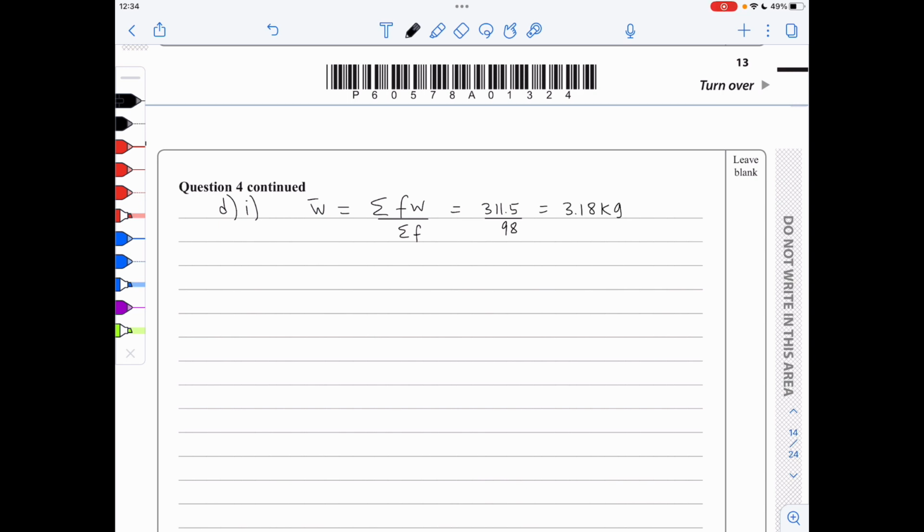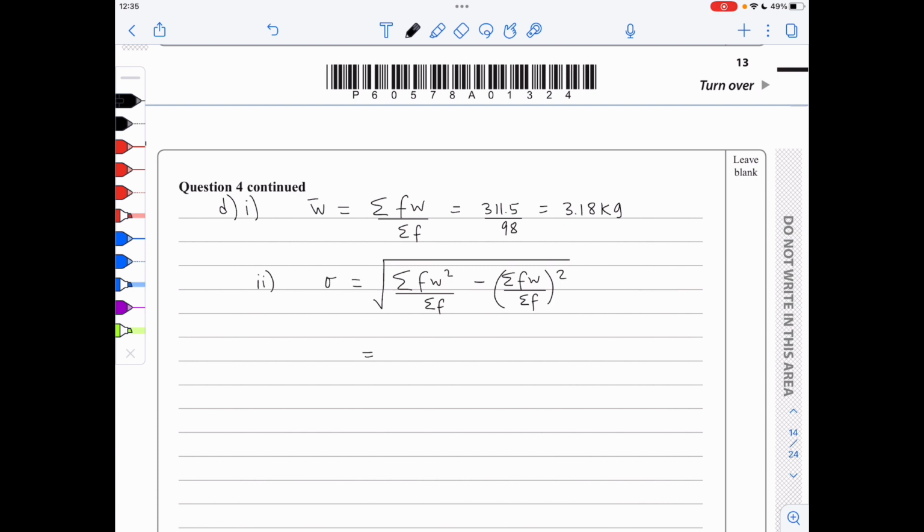Now for the standard deviation, I'm using the formula that says it's sum of FW squared over sum of F minus sum of FW over sum of F all squared and then square root.